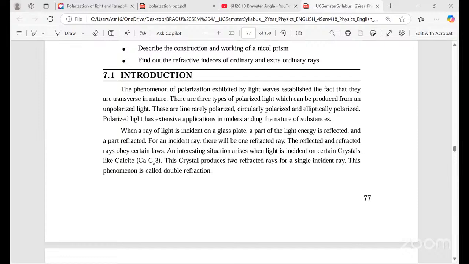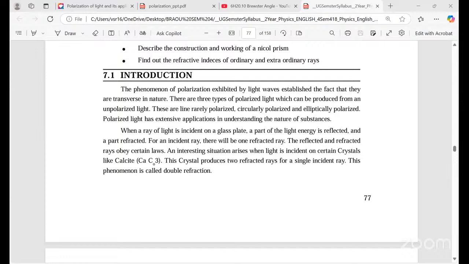By using such polarizers, you can get the polarized light. These are linearly polarized, circularly polarized, and elliptically polarized light.